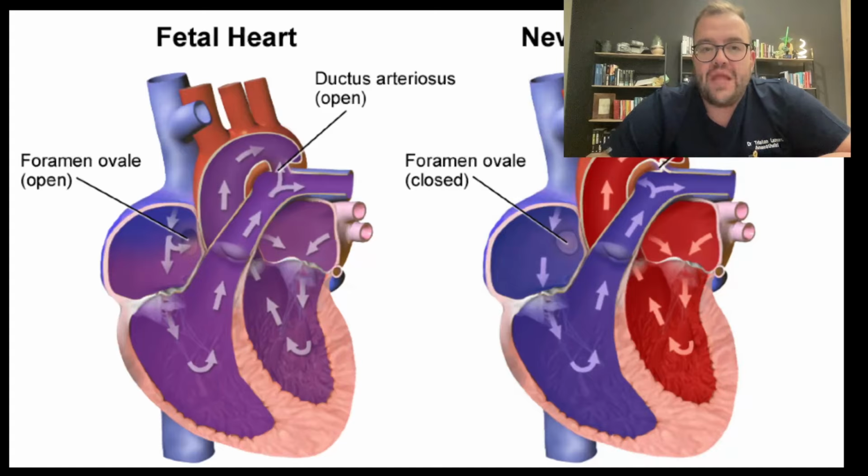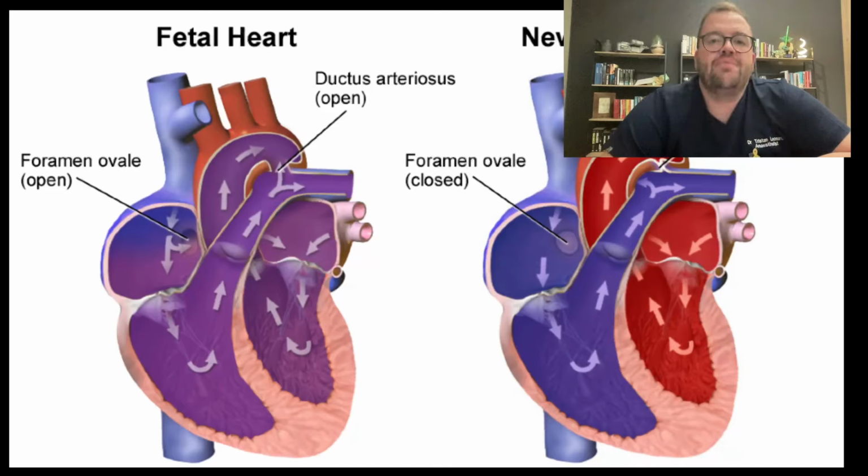The first one is the foramen ovale, the connection between the atrium on the right and the atrium on the left. Now this stays open until birth, and what happens then is that when the child takes its first breath and PVR drops, the pressure in the right atrium drops, and when the placenta is removed and the umbilical cord is cut, the neonate's left ventricle has to pump blood against a high SVR.